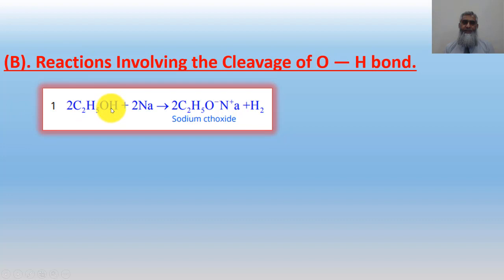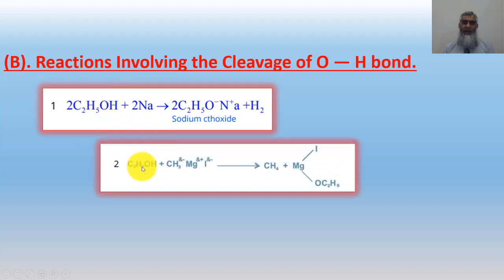As a result, hydrogen will be replaced with one sodium atom, producing salt of alcohol called sodium ethoxide. This is ethoxide ion and this is sodium, so it is called sodium ethoxide. Two hydrogen atoms will combine to produce hydrogen gas. These types of reactions are also known as salt formation reactions of alcohols.